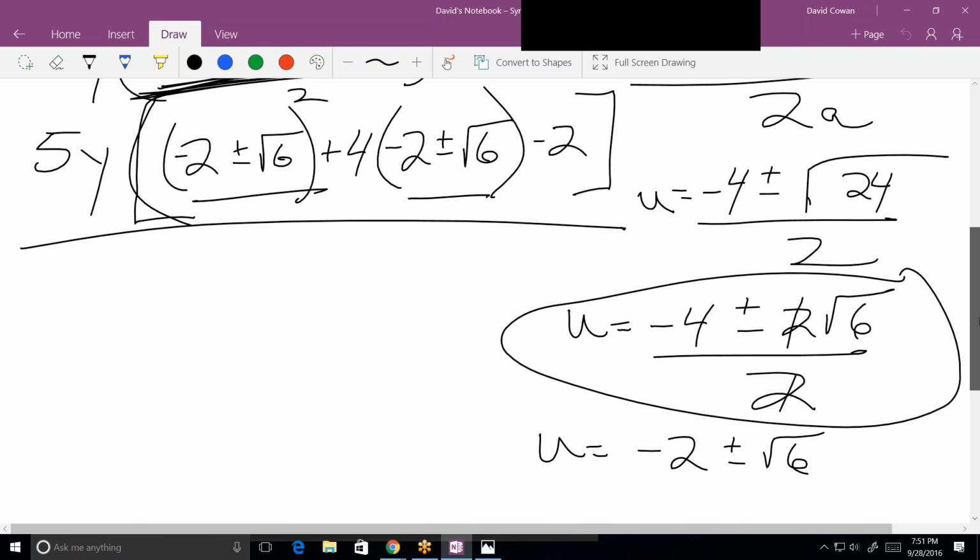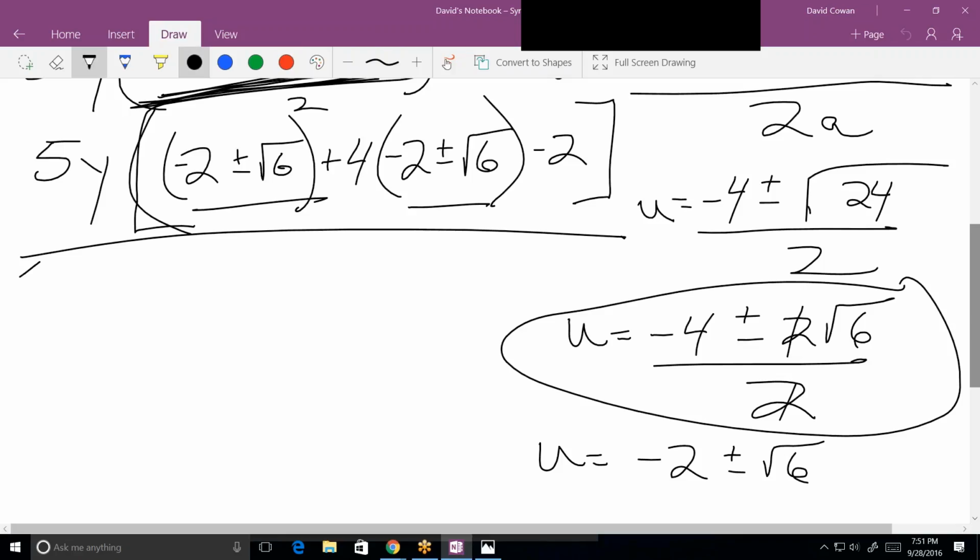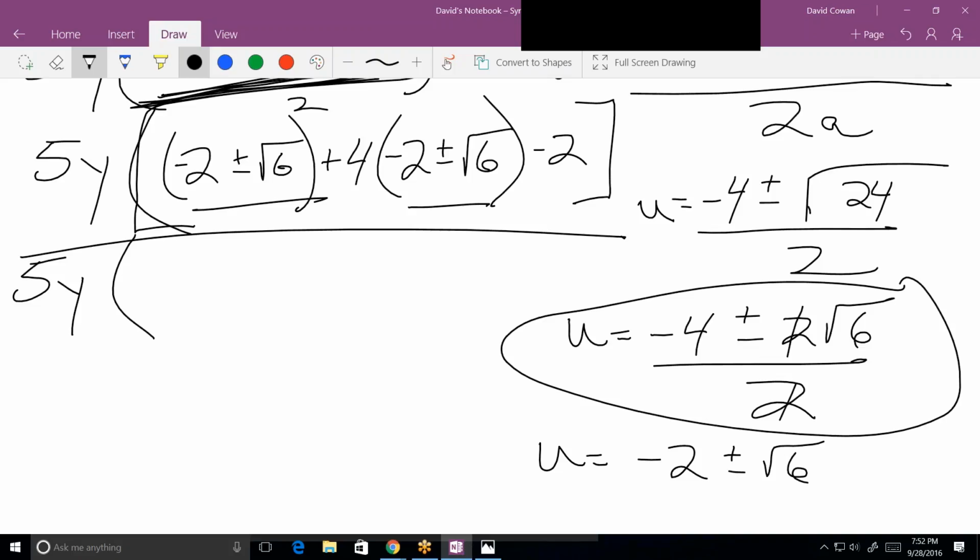So, if we solve this, I get 5y times, I'll keep using brackets, now this squared gives you 2 solutions: 4 plus 4 root 6 plus 6, or 4 minus 4 root 6 plus 6.